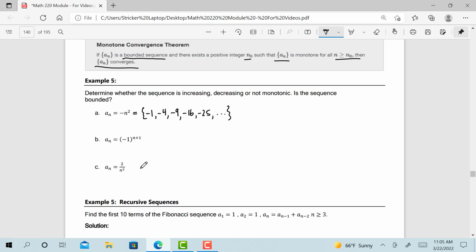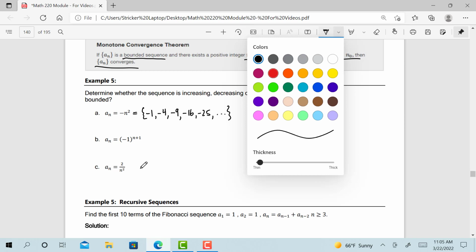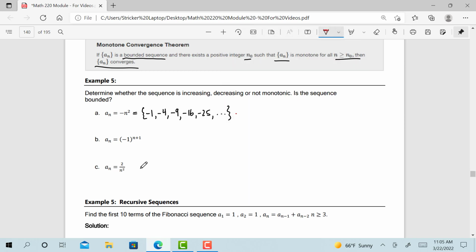Notice that the terms are getting smaller and smaller and smaller, which is going to make us think that the sequence is what? Increasing or decreasing? And hopefully you said decreasing. Yeah, terms are definitely getting smaller. And if it's decreasing, that means that it is also what? From the definitions above, it means it's monotonic. Okay. And we could also show this with the derivative.